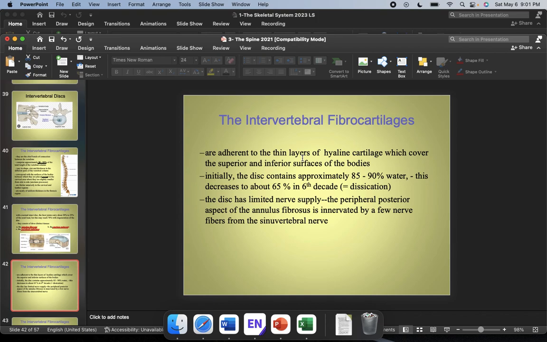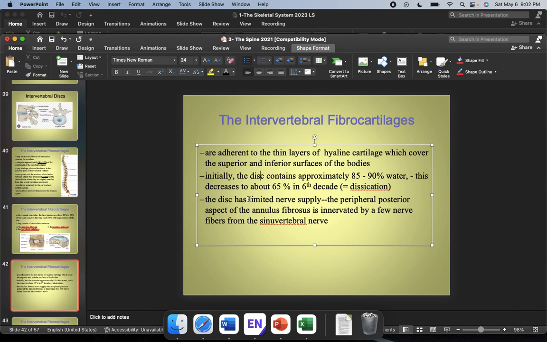The intervertebral discs contain mostly water throughout life, but they do dehydrate over time. You can see approximately 85 to 90% water initially, which decreases to about 65% in the sixth decade. Additionally, the disc has limited nerve supply.